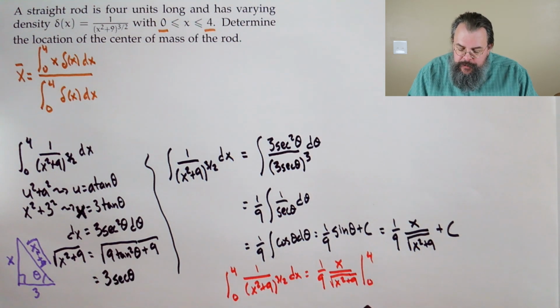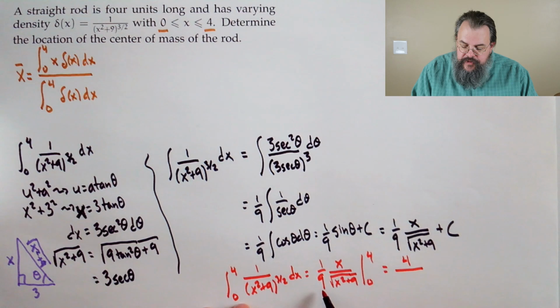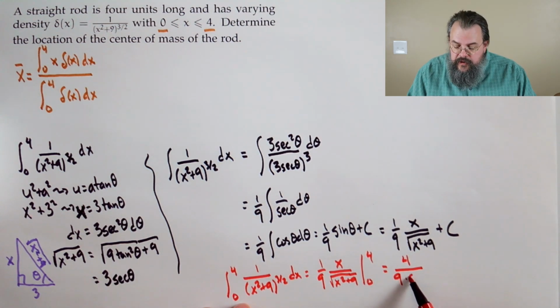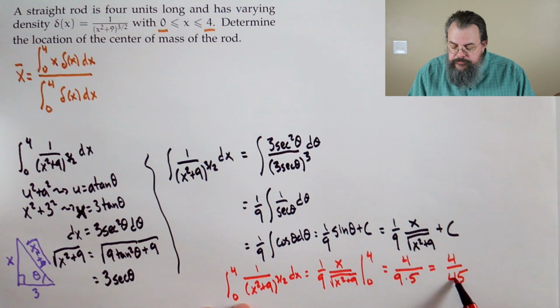What happens when we plug in 4? Well, we're going to get 4 on the top. That's beautiful. 4 divided by, downstairs we have a 9, and then we have the square root of 4 squared plus 9. Well, 4 squared is 16. 16 plus 9 is 25. So it's 4 over 9 times 5, or if you like, 4 over 45.